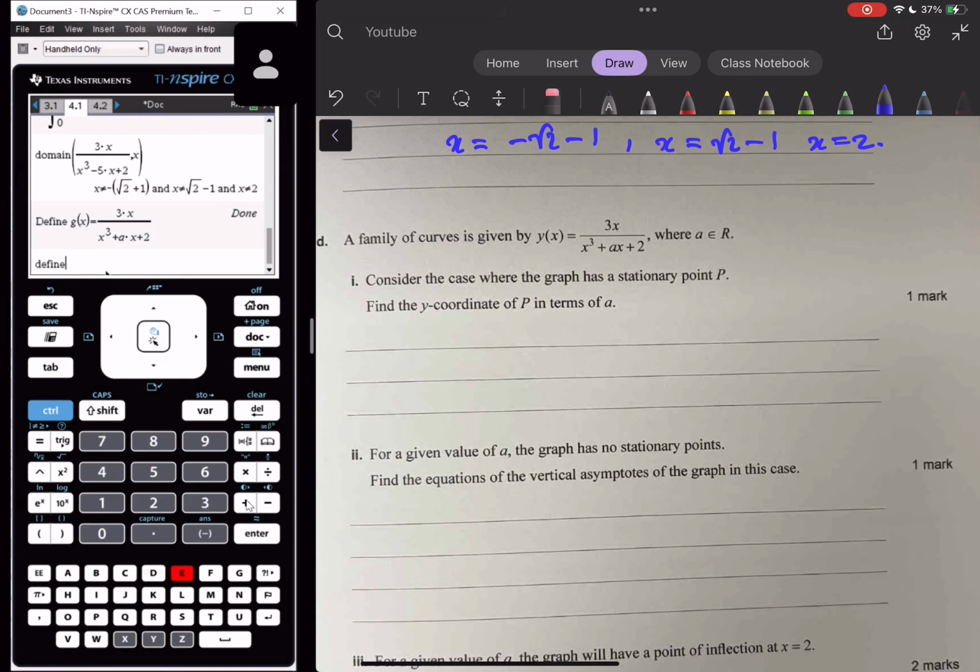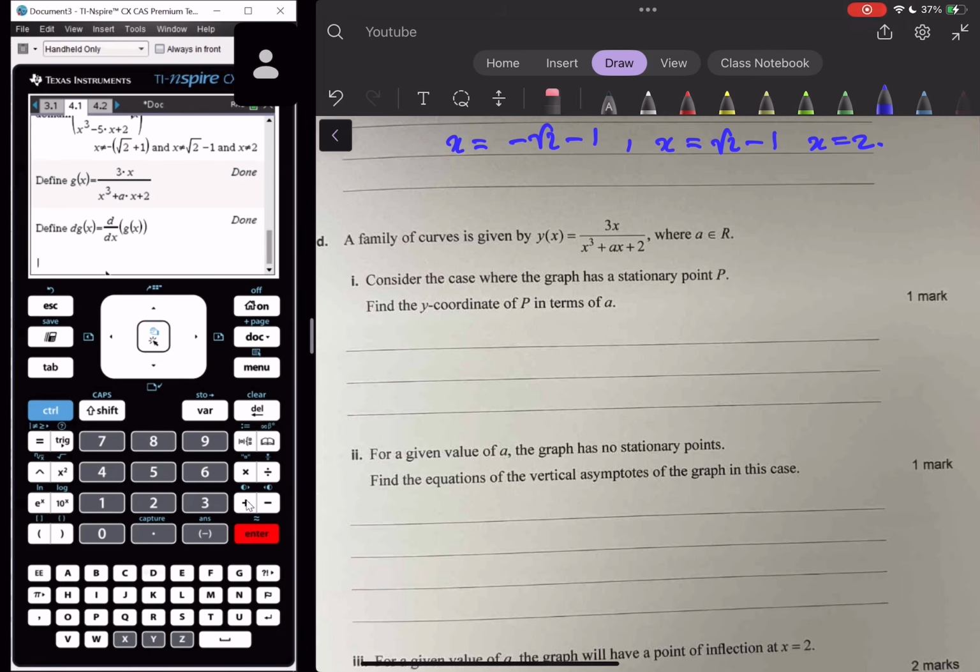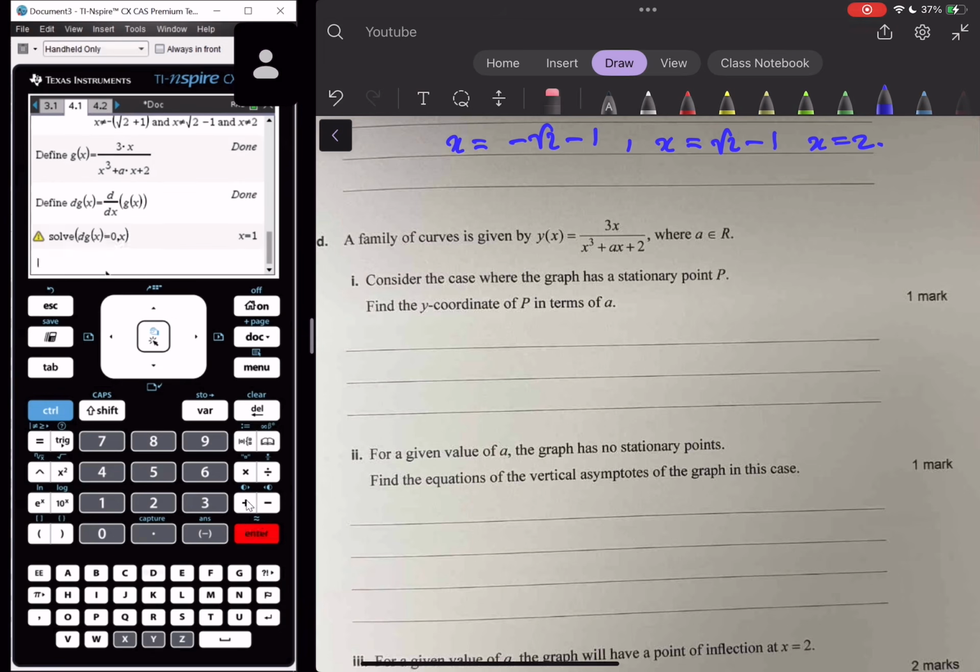We'll define dg of x equals the derivative of g of x, and solve dg of x equals 0 with respect to x. We're going to plug x equals 1 into g. So g of 1 is going to be 3 over a plus 3. Okay, so the y coordinate is just 3 over a plus 3.